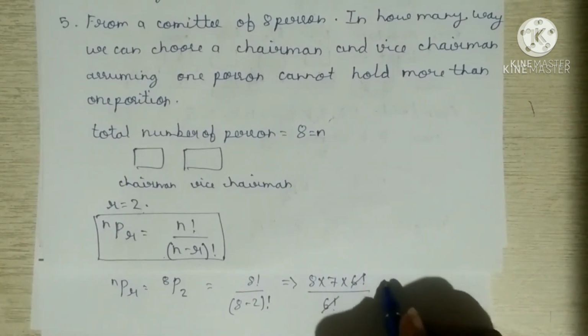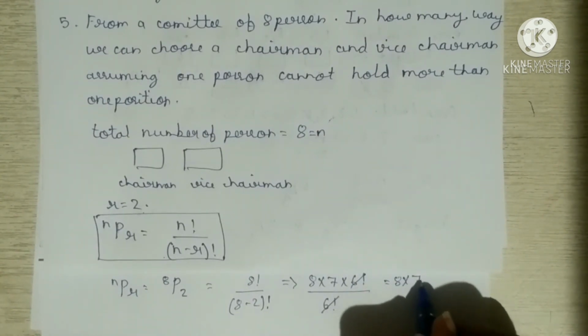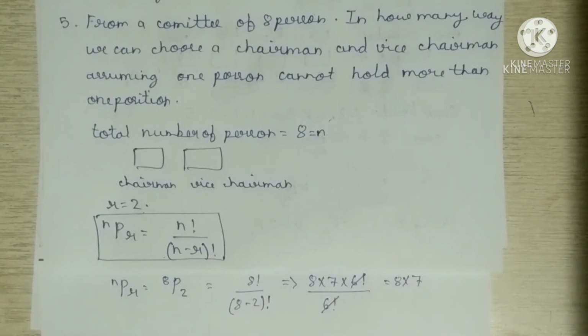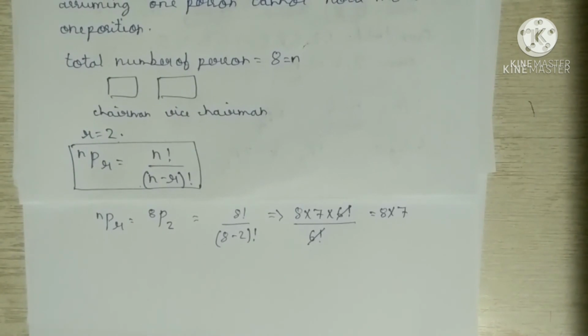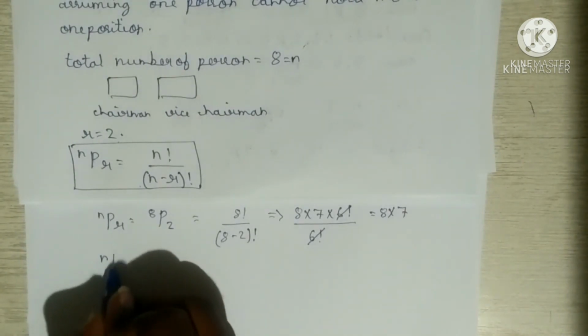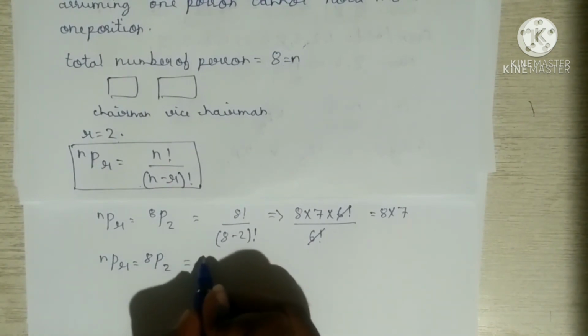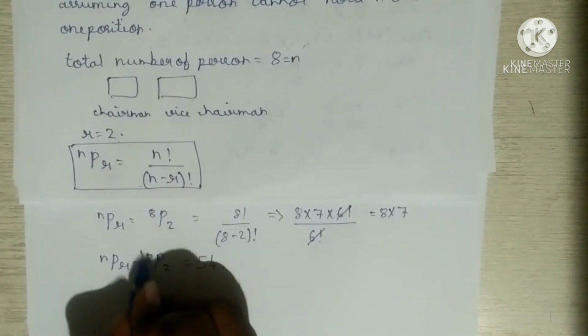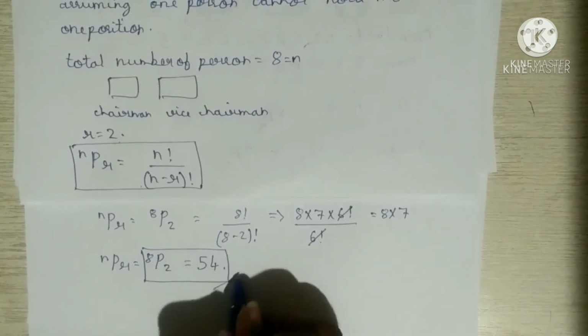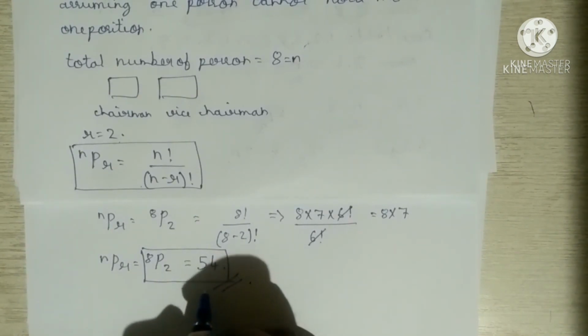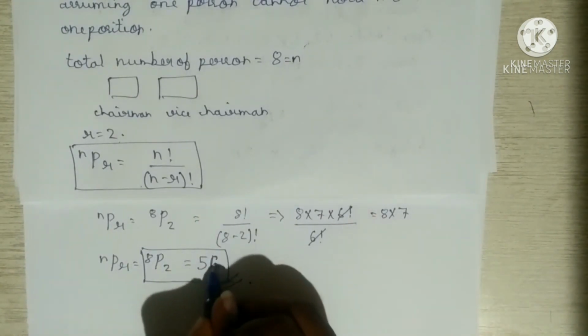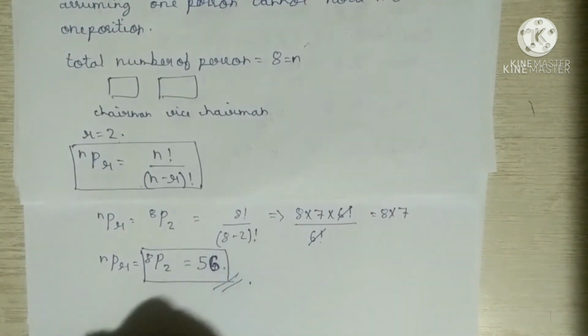You will get 8 into 7, which is 56. So 8P2 is equal to 56.